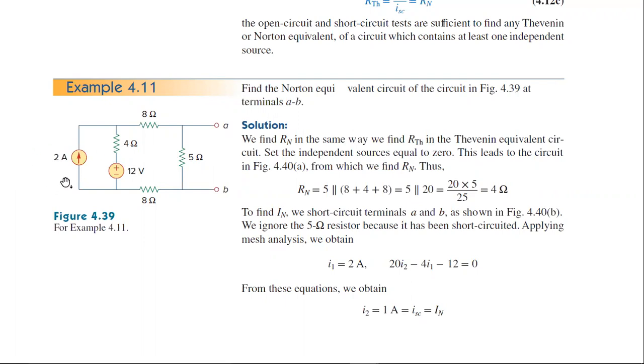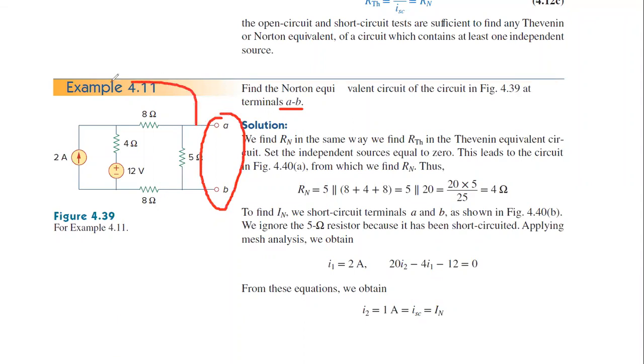How many independent sources? 2 amperes and 12 volts, 8 ohms, 8 ohms, no dependent sources. All are independent elements, meaning 2 active, all others passive. So you should find the Norton equivalent circuit across AB.